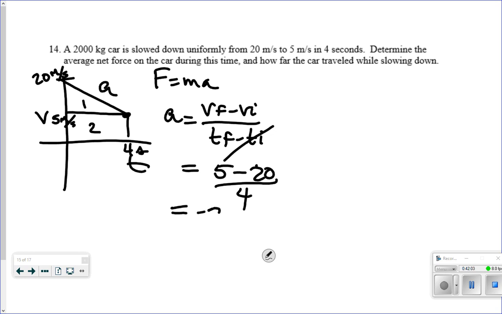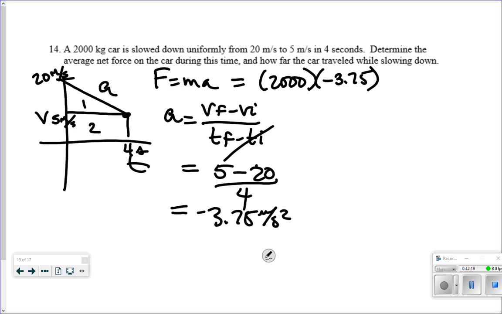This gives me negative 3.75 meters per second squared as my acceleration. Then I'm just going to plug and chug. I've got a 2,000 kilogram car and negative 3.75 meters per second squared for my acceleration, and I'm going to get negative 7,500 newtons for the net force.